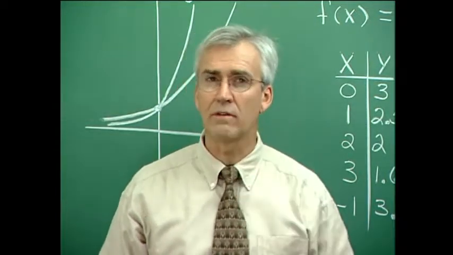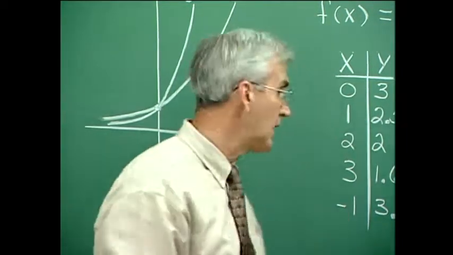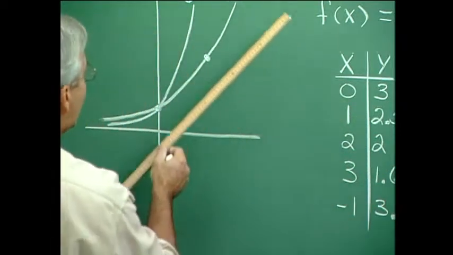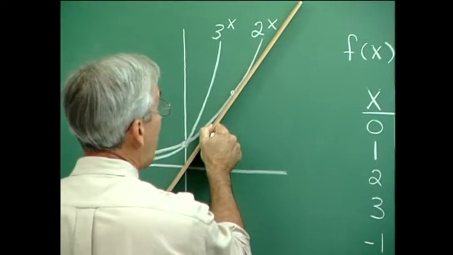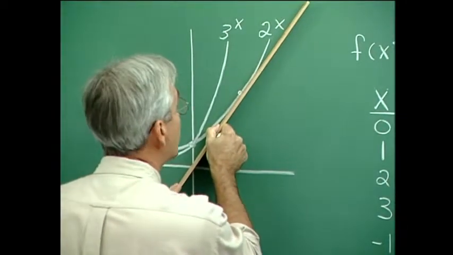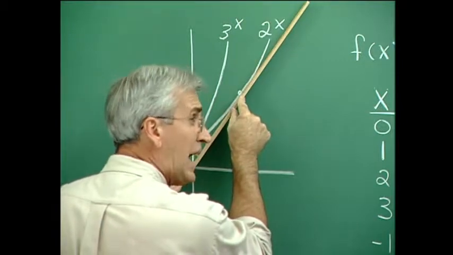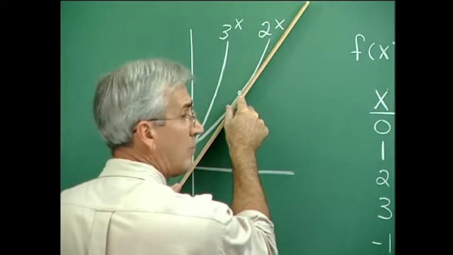And the slope of the graph is calculated using what's called a tangent line, a line which is tangent or barely touching at a particular point, like right here. The tangent line at that point would be this line. And the slope of this line at that point then would be the rate of change at that point. You see, the slope of the tangent line at a point.